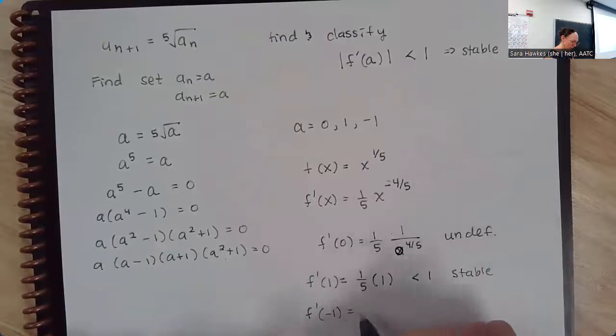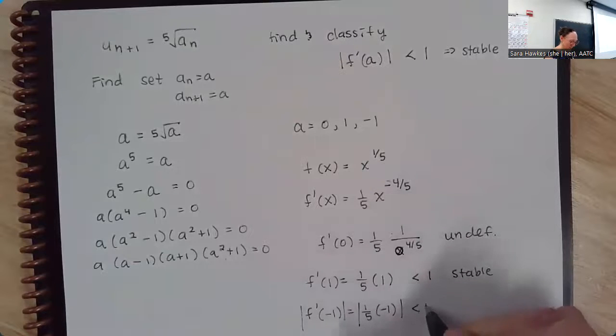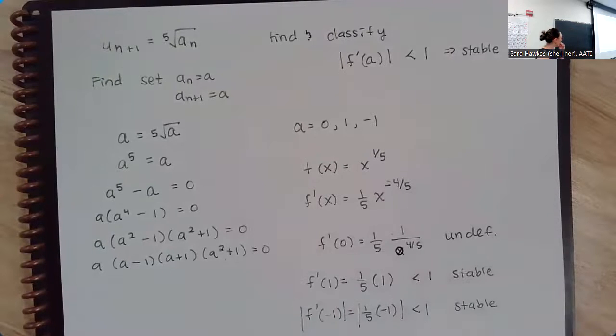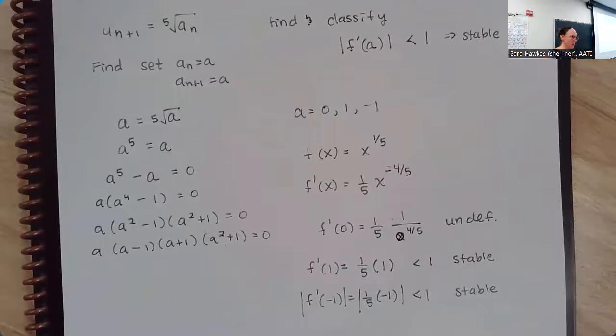F prime of -1 would look like 1/5 times -1, but that absolute value is still less than 1, so this is also stable. So 1 and -1 are both stable equilibria, and 0 is an unstable equilibrium.